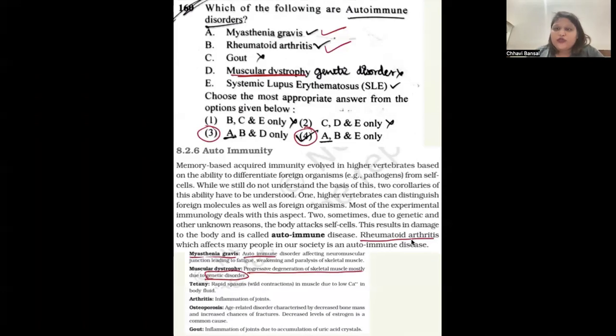So it's not an autoimmune disorder, this is a genetic disorder. So option 3 is not possible. Our correct option is option 4. It means AB, myasthenia gravis, rheumatoid arthritis, and systemic lupus erythematosus are the three diseases which are autoimmune disorders. Clear? This is also taken from NCERT.